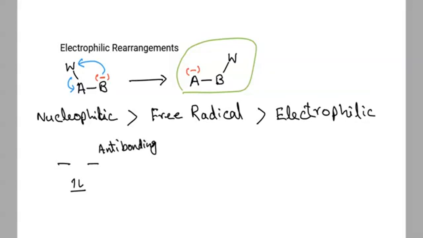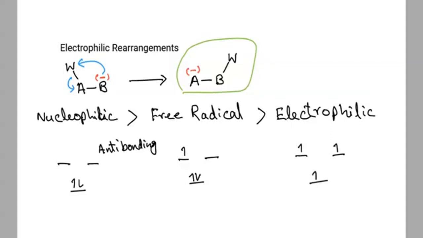In case of free radical, the migration terminus contains one electron in antibonding, while in case of electrophilic, it contains two electrons in antibonding.